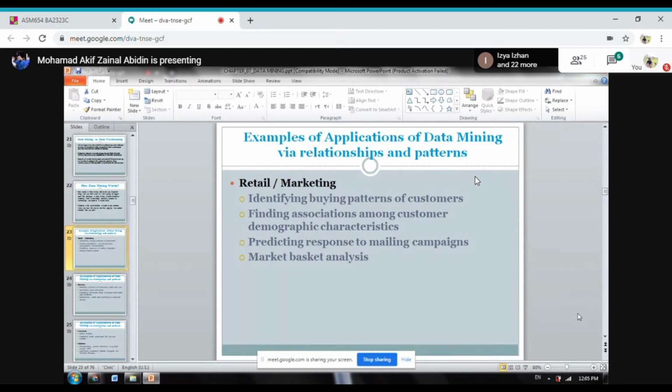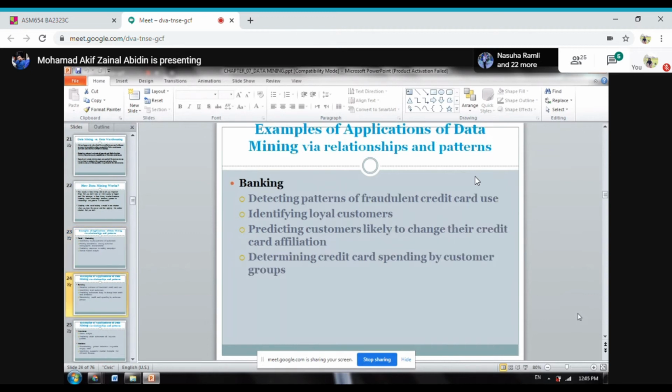For example, given here in retail and marketing: identifying buying patterns of customers, predicting response to mailing campaigns, market basket analysis, finding associations among items. Okay, the second slide talks about the banking industry. Next slide. Next.